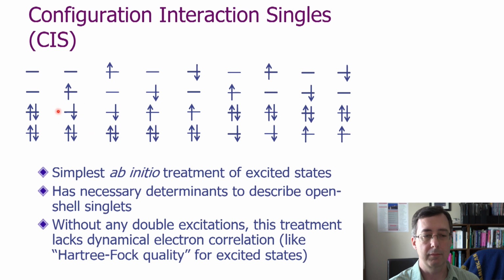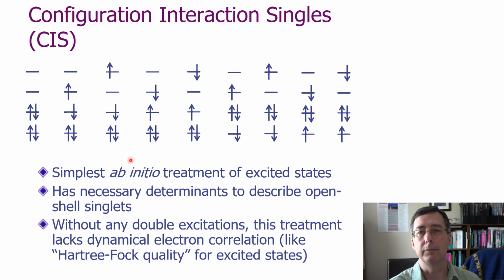For example, here I've got this one, and I've got his mirror image pair here, and here I've got this one, and his mirror image pair there. So I have all of these determinants in my expansion, and configuration interaction gives me a linear combination of determinants with different weights on them. So I can weight these however I want, and I've got all the ones I need, which is great.